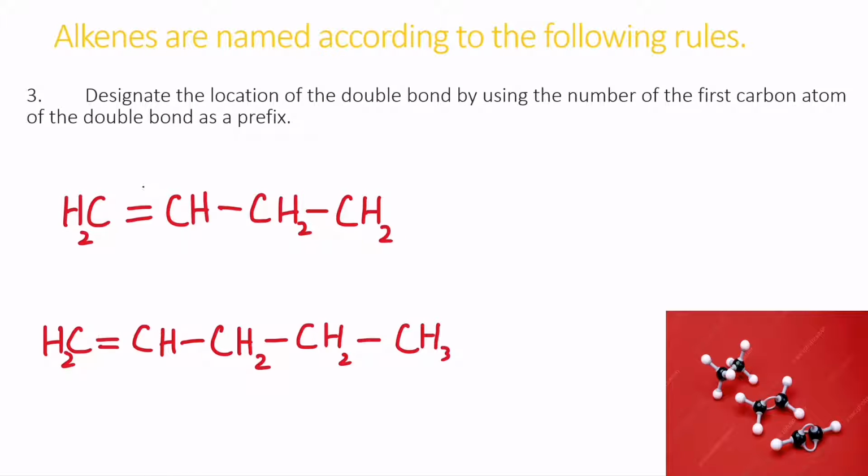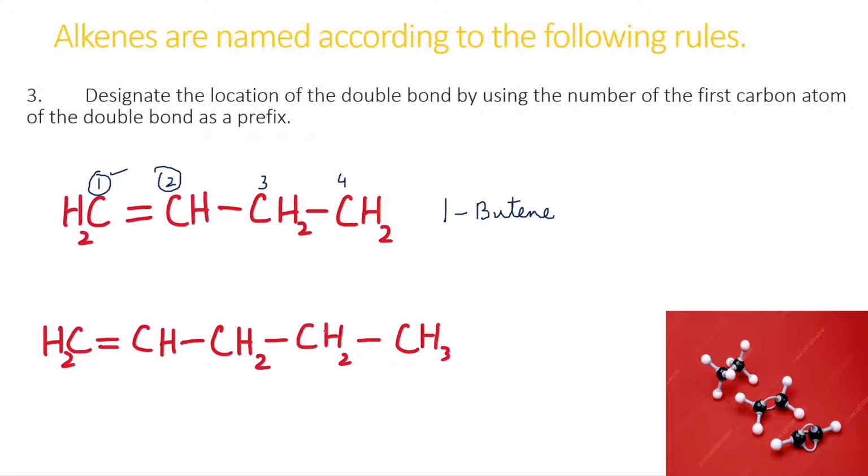Next, designate the location of the double bond by using the number of the first carbon atom of the double bond as a prefix. Now over here, if I number it like this, my double bond is present between carbon number 1 and 2. So out of 1 and 2, I will select the lowest number and the name would become 1-butene.